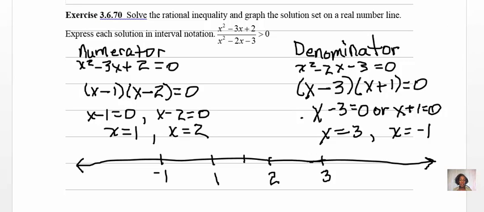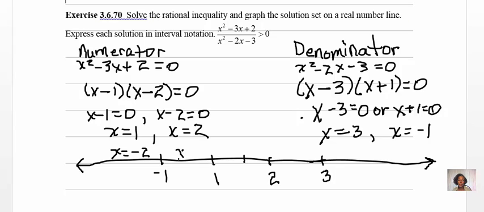So I want to pick a test number in each one of these intervals to represent all the numbers on the interval. So in this leftmost interval, I'm going to pick x equal to -2. You can pick any value smaller than -1.